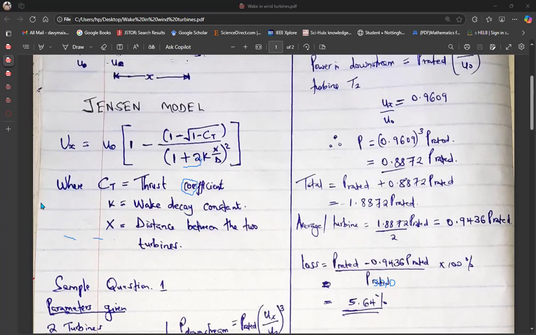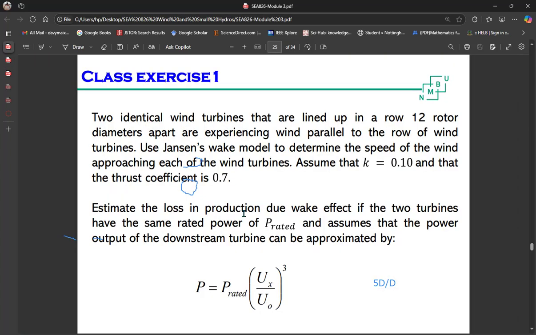But now there was a second question. The second question was to estimate the loss. Now we need to understand we are not dealing with the loss in production. You're given that the two turbines have the same rated power, P rated.